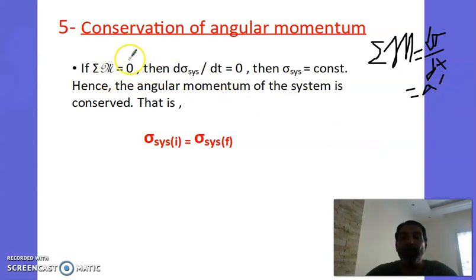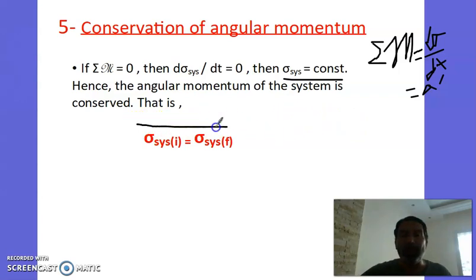So if the sum of moments is 0, then the derivative of angular momentum is 0. If the derivative is 0, then the quantity is constant, right? Constant means it doesn't change with time. So we say it is conserved, as we did with mechanical energy and linear momentum.